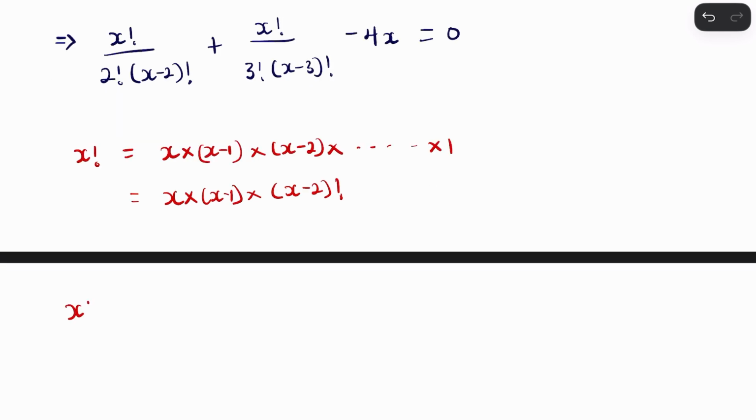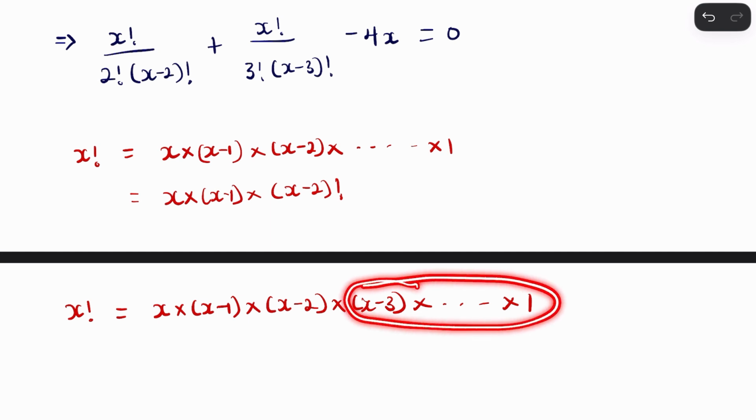Likewise, we can also rewrite x factorial as x times x minus 1 times x minus 2 times x minus 3 down to 1. So when you take a look at this expression here, this is just x minus 3 factorial, right?